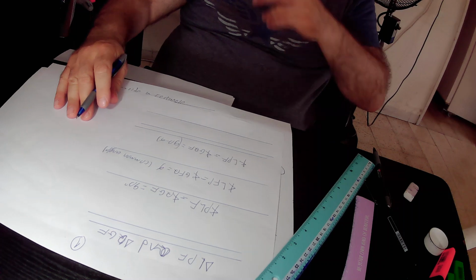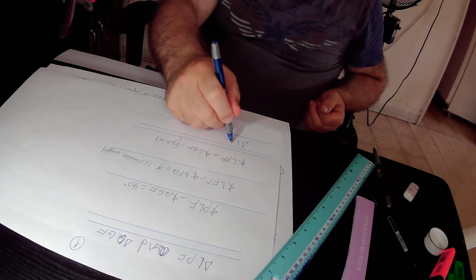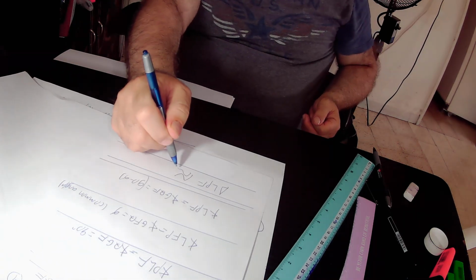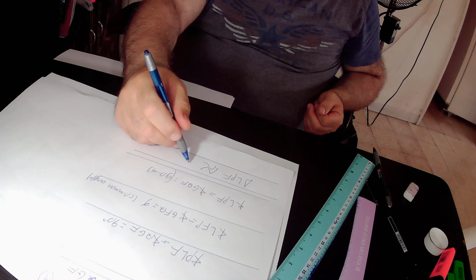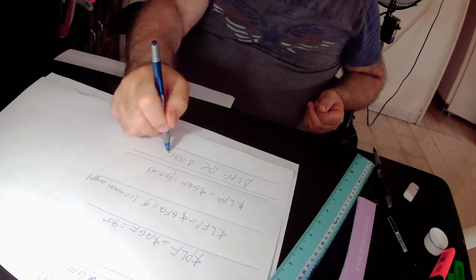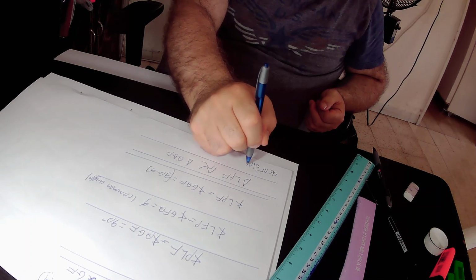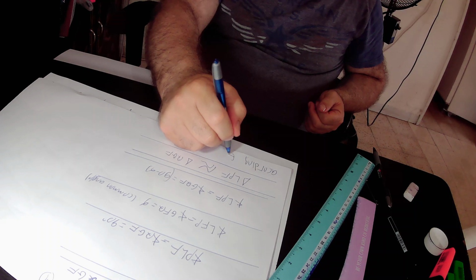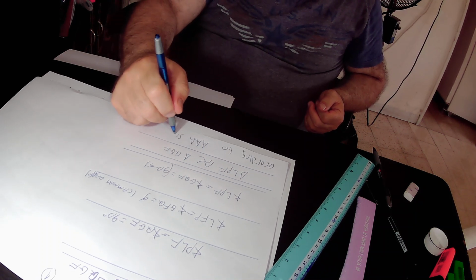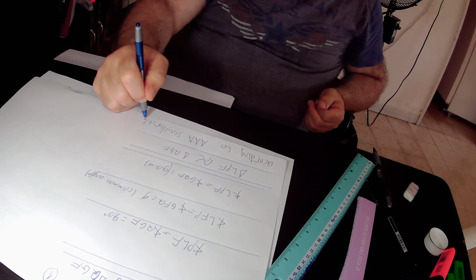I found out that the big right triangle LPF is similar, this is the sign of similar, to the small right triangle QGF according to the angle similarity rule.